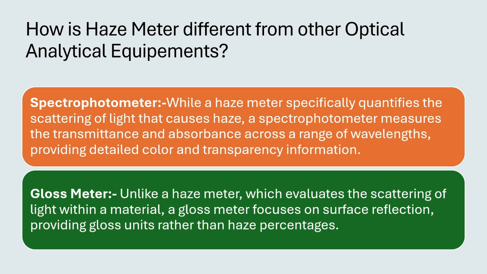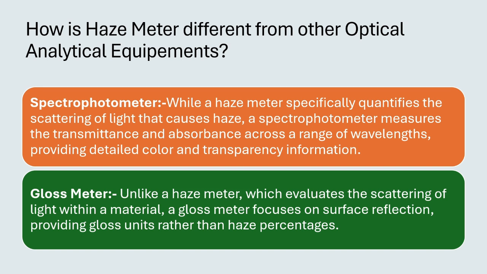So now that we know what a haze meter actually does, how is it different from other optical analytic instruments? One major optical instrument is the spectrophotometer. It measures the transmittance and absorbance across a range of wavelengths, providing detailed color and transparency information.